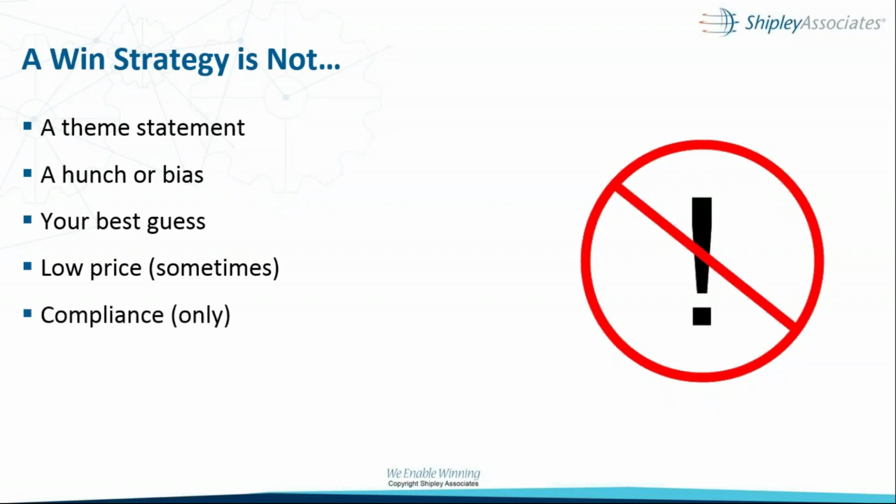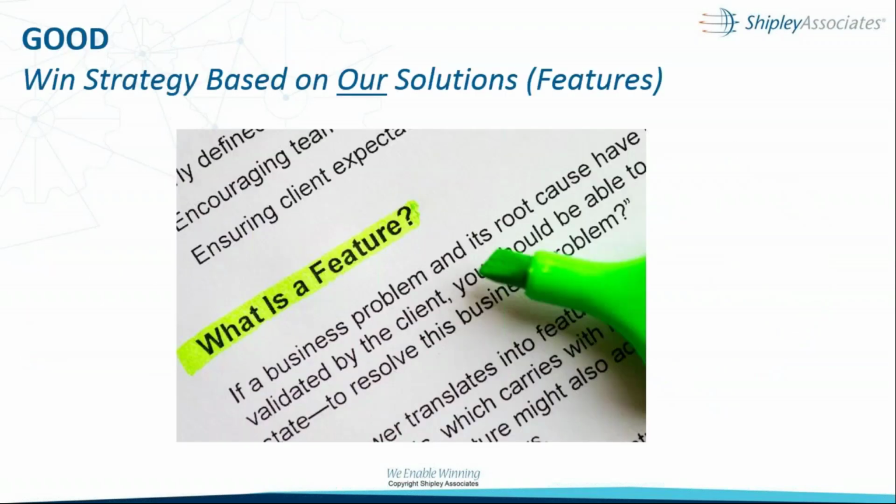That's why we put sometimes there. A win strategy is not only being compliant in most cases. Anyone can be compliant. Most competitors, most bidders can be compliant. What can we do to go above and beyond compliant? And a win strategy is certainly not all about us. And we'll talk about that as we go through the good, better, best approaches to win strategy.